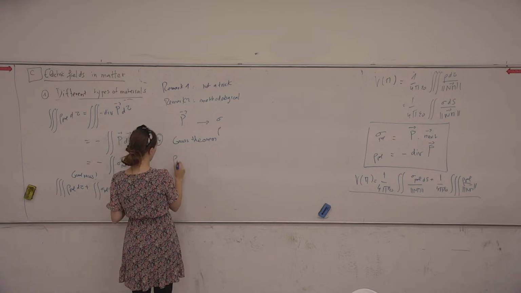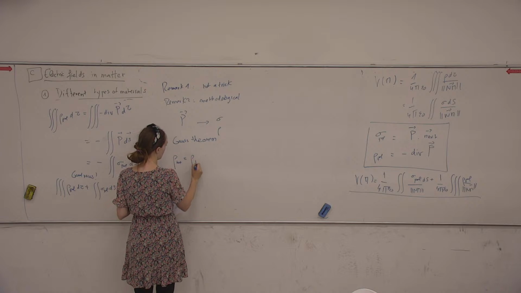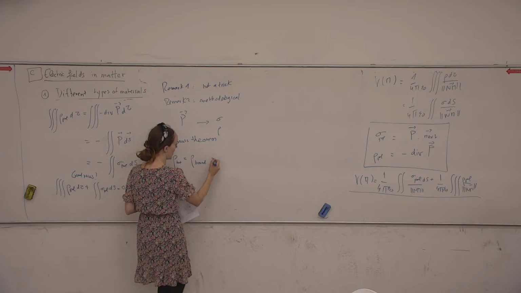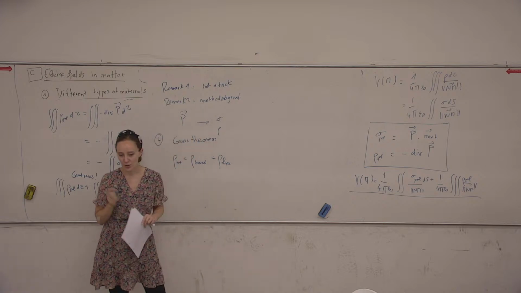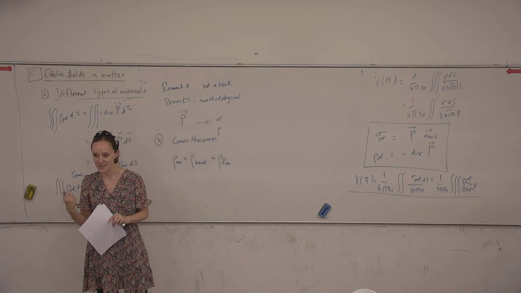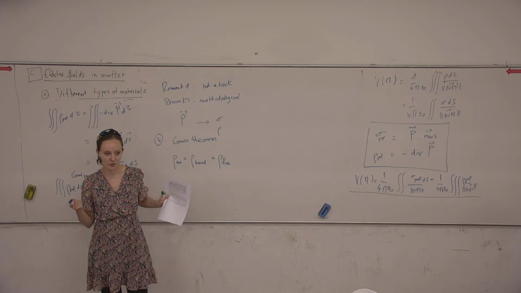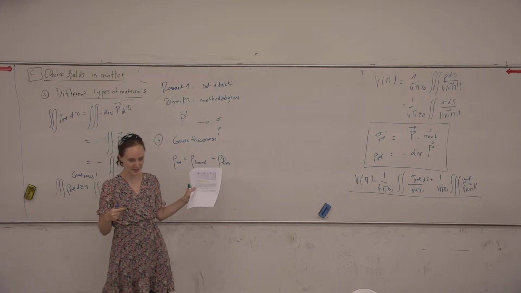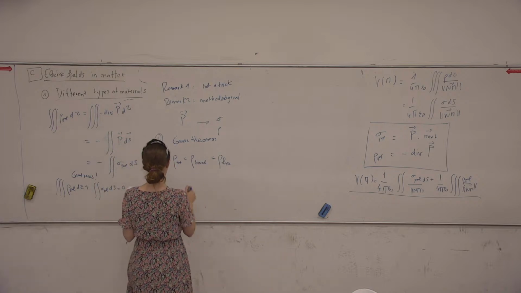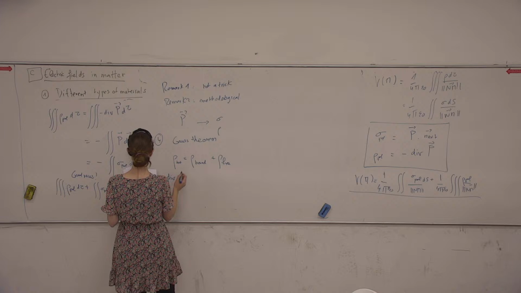So rho tot is going to be equal to the sum of the bound charges plus the free charges, right? Now, usually in exercises we have no handle on the bound charges. The way we can handle bound charges is through the polarization. And I can write the Gauss theorem for rho tot.